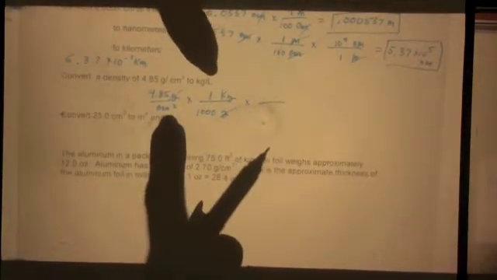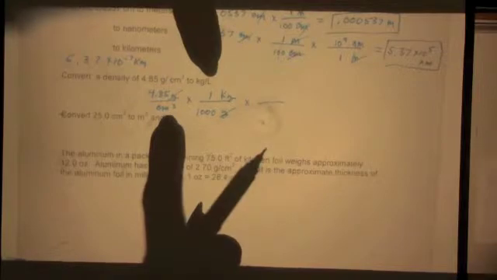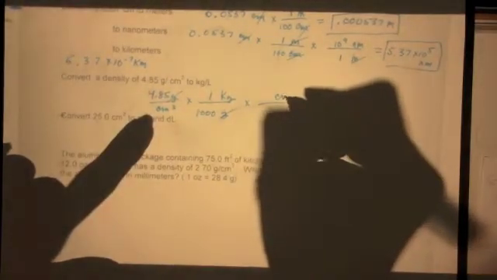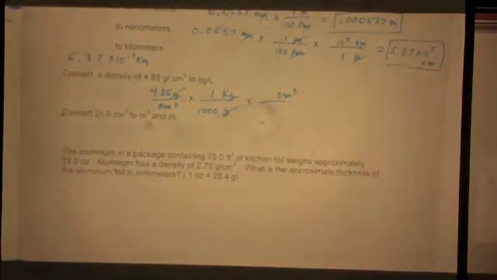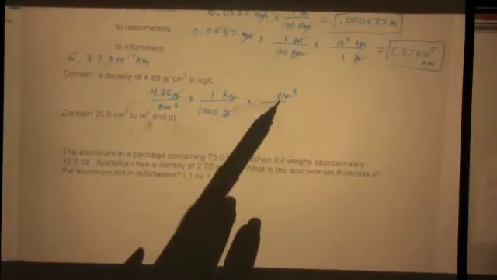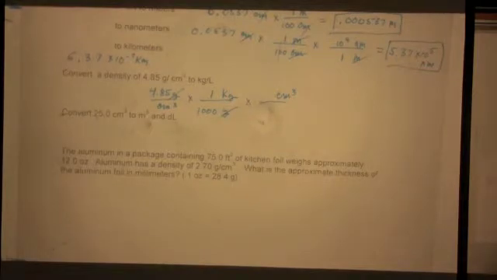All right. Now we want to go from cubic centimeters and we want to change it to liters. The cubic centimeters is in the denominator. To get rid of it or to change it, I would have to put it in the numerator. Is there a relationship that you know of that goes from cubic centimeters to some sort of volume measurement?